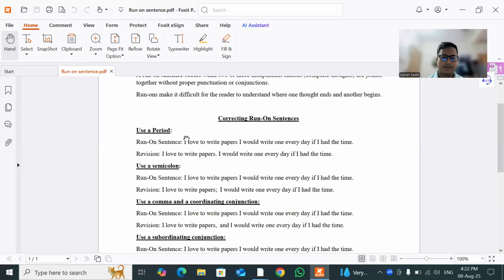Correction of a run-on sentence: use a period or full stop. For example, I love to write papers. I would write every day if I had the time. There are two independent clauses.